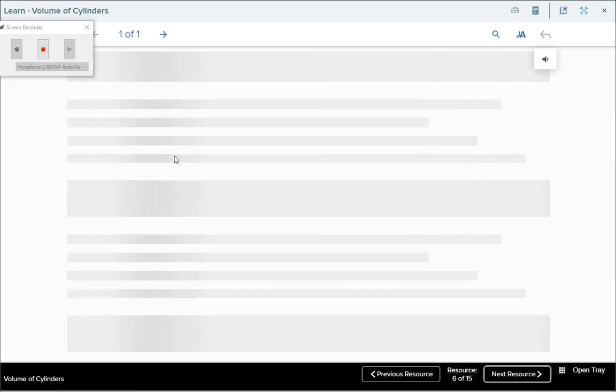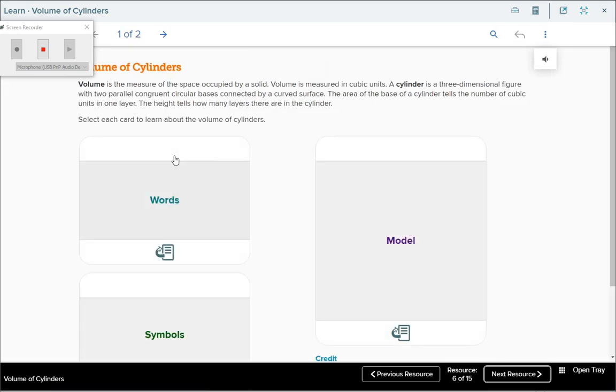So as we look at cylinders, first of all, if there are circles involved, what part of that circle is going to be important? Is the circumference really important right now? No. Not for volume. But what do I need to find the area of a circle?